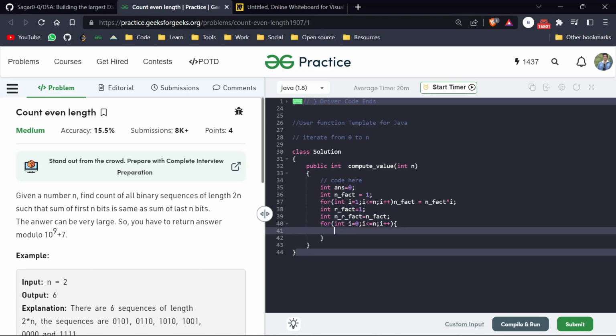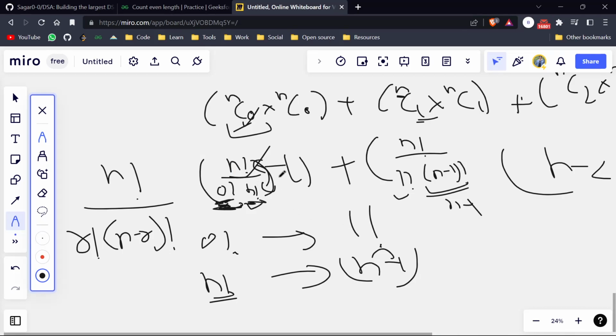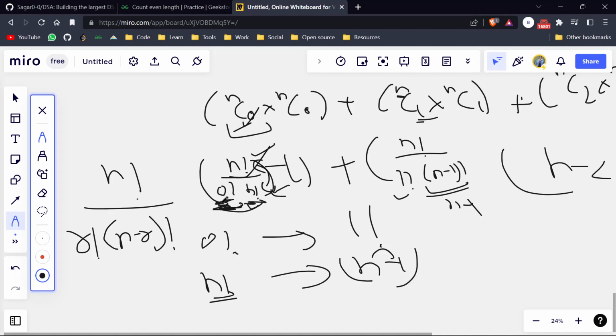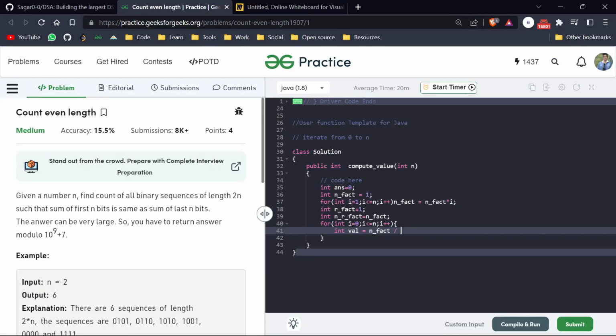So what we are gonna do? First of all, n factorial, and we have to divide them with these two values. So what we are gonna add in our answer, we will just create a new value that will be equal to n factorial divided by r factorial into n minus r factorial.